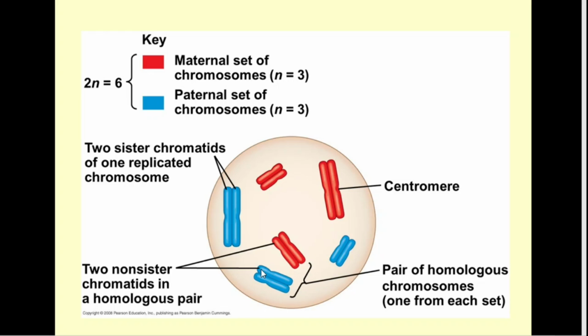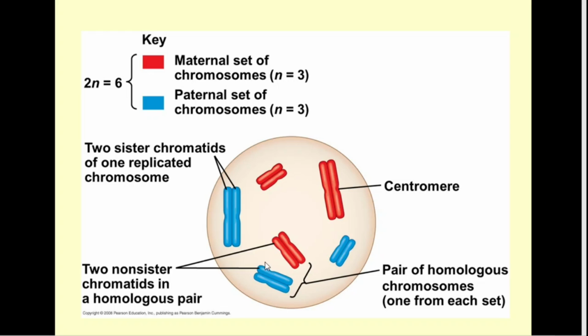If we take this sister chromatid of the paternal chromosome and compare it to this sister chromatid from the maternal chromosome, we would say that these are non-sister chromatids of the homologous pair. Hopefully that makes sense.